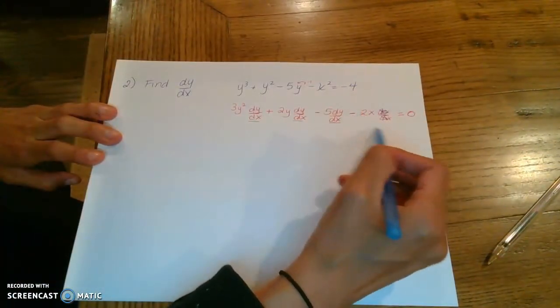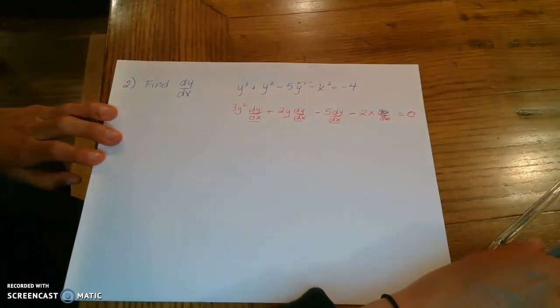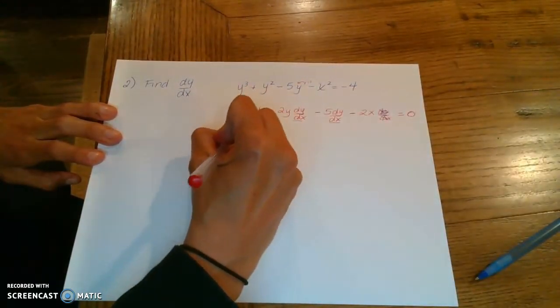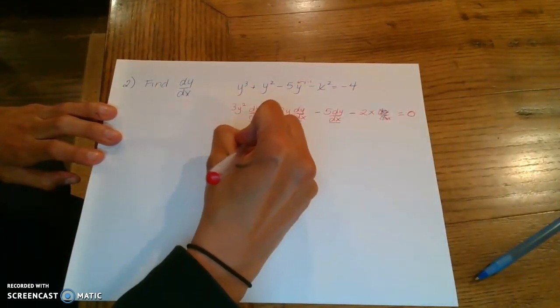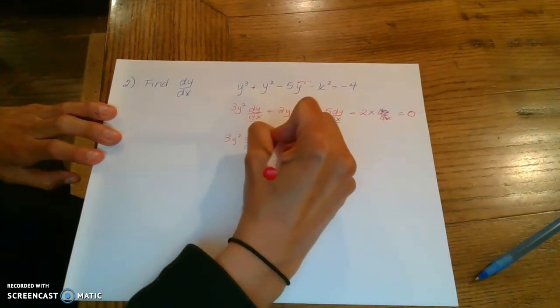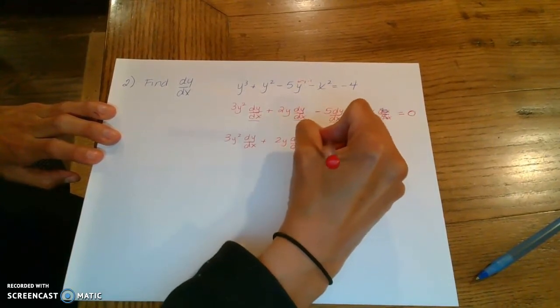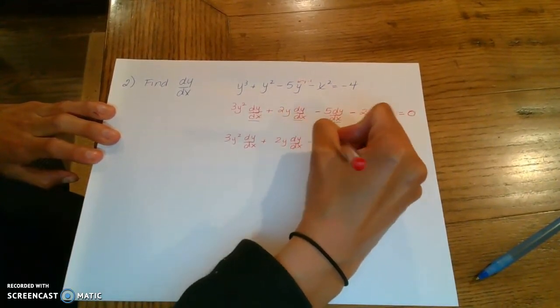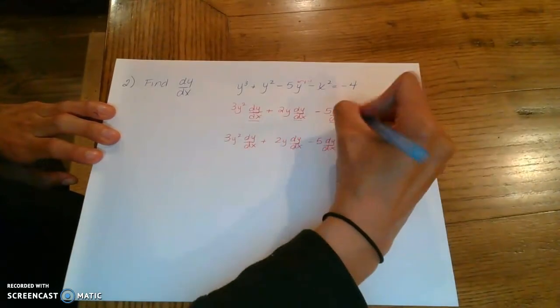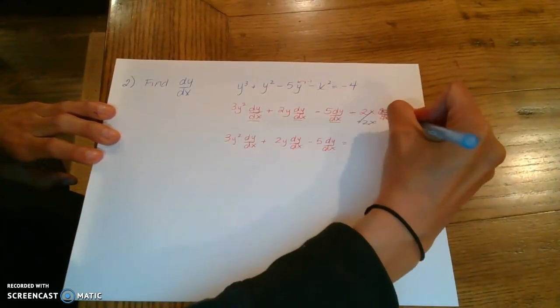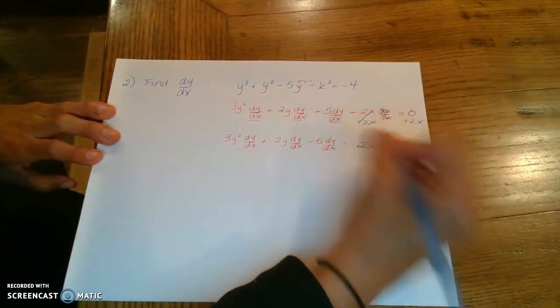This 2x, that needs to move over. So then I just go ahead and rewrite 3y squared dy/dx plus 2y dy/dx minus 5 dy/dx is equal to, now when I went ahead and added that 2x over, I get that this equals 2x.